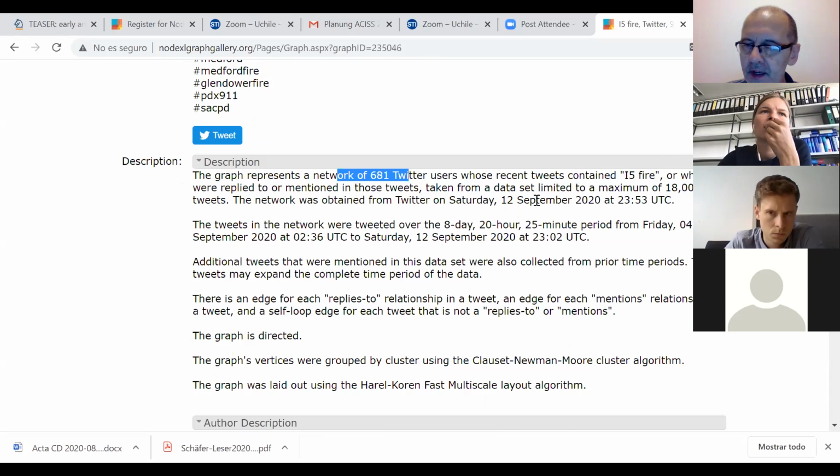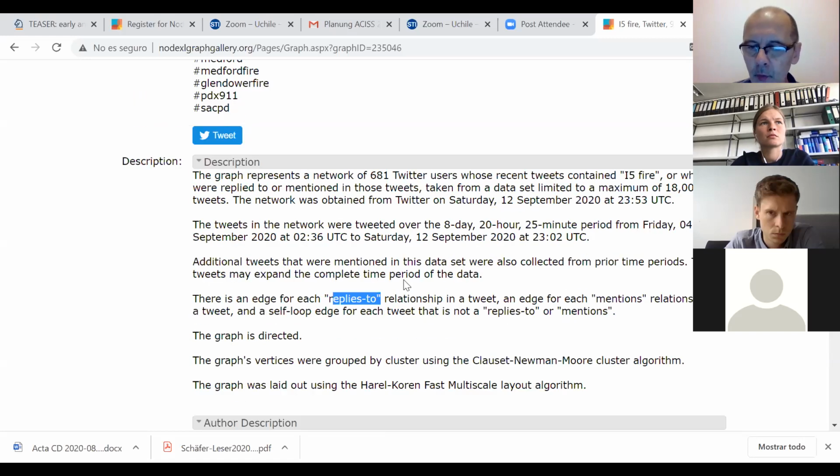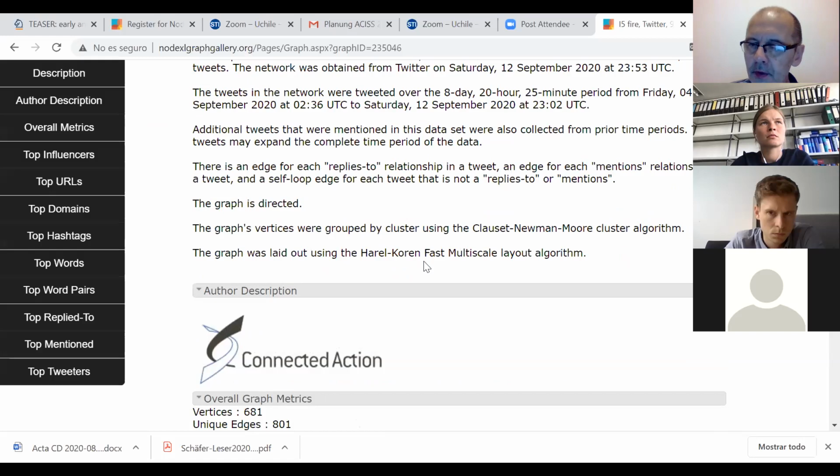It was built on Saturday, September 12th. Nodes are Twitter accounts. Edges, I will use edge and link interchangeably, are built if there is a reply to. So there is a link between two Twitter accounts if one account replied to another account.